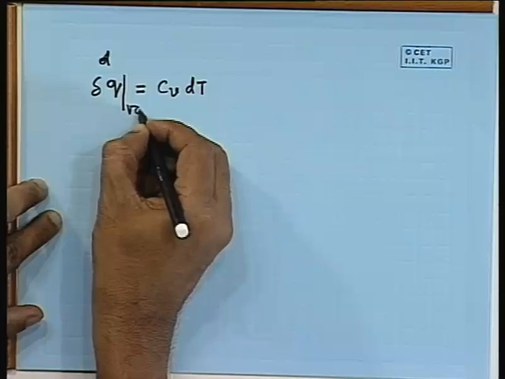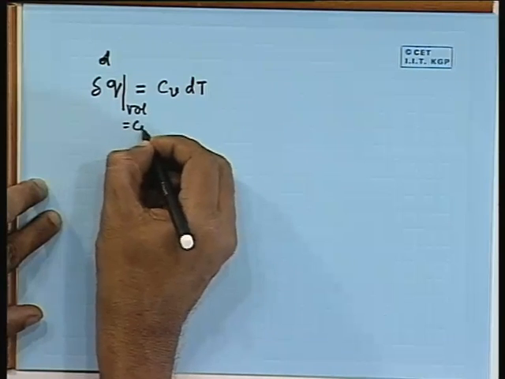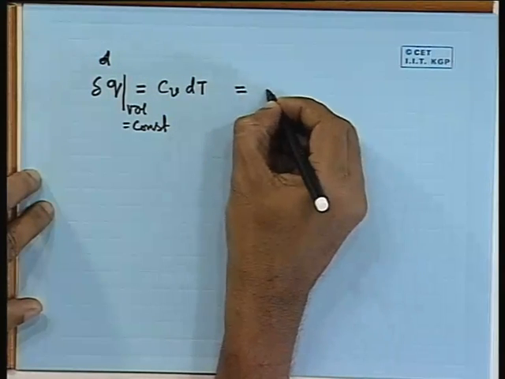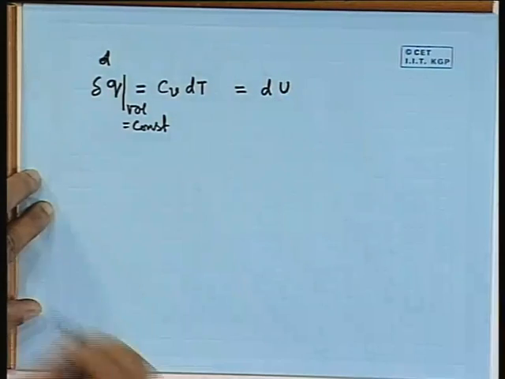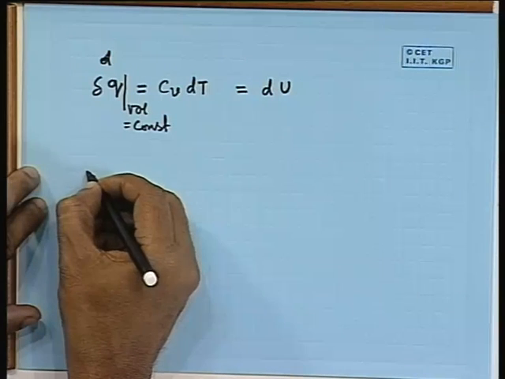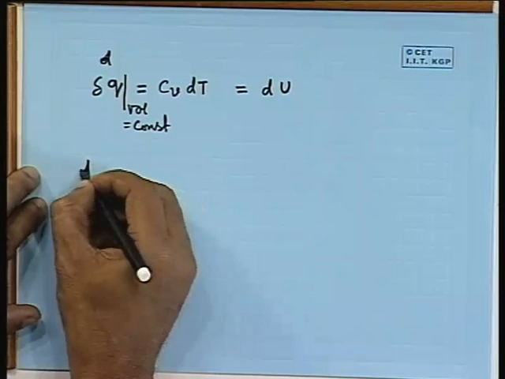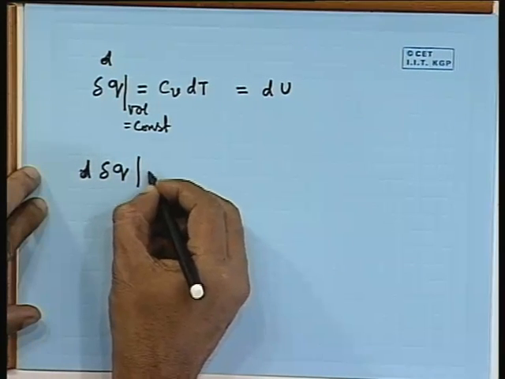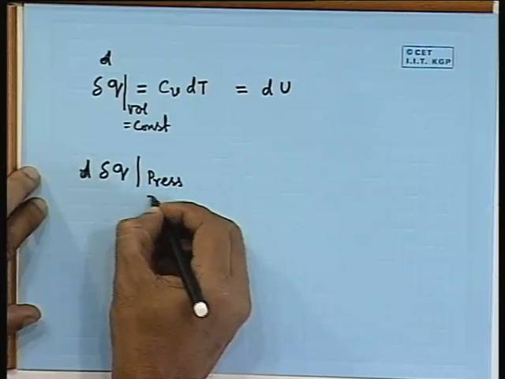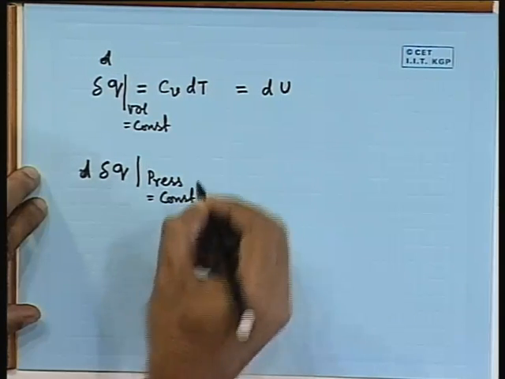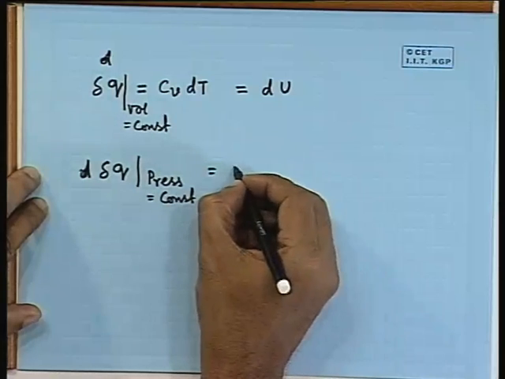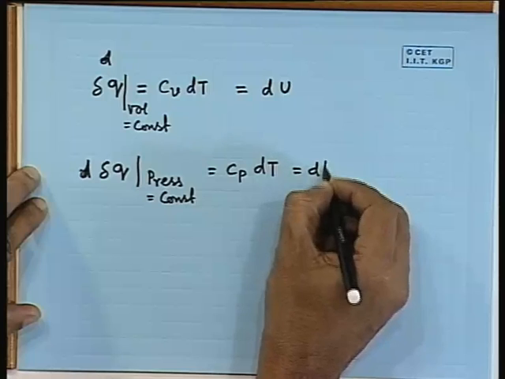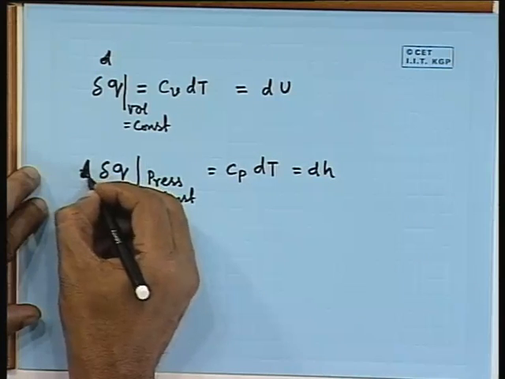So, this we can write volume is equal to constant, and this also is equal to du, internal energy. Then we can have dq, pressure is equal to constant, is equal to Cp dT is equal to dH. This also we will use.